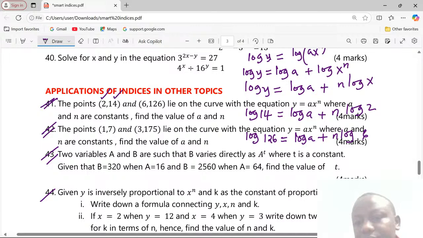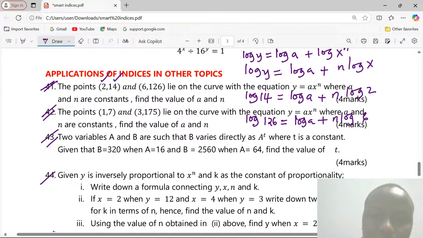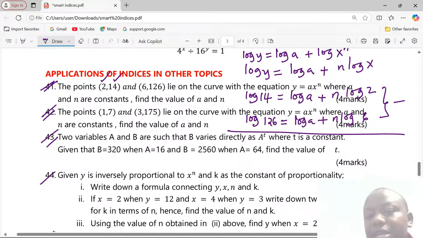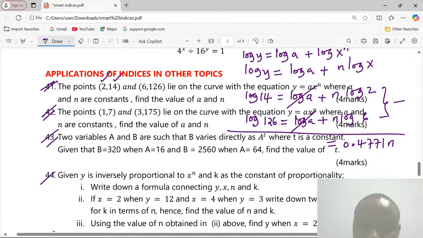Yeah. So now that the log of a is appearing on both sides, we can eliminate log a, whereby when you subtract downwards, you have eliminated log a. And now you can take log 6 minus log 2. This is giving us 0.4771 n equals to, on the other side, the log of 126 minus the log of 14.